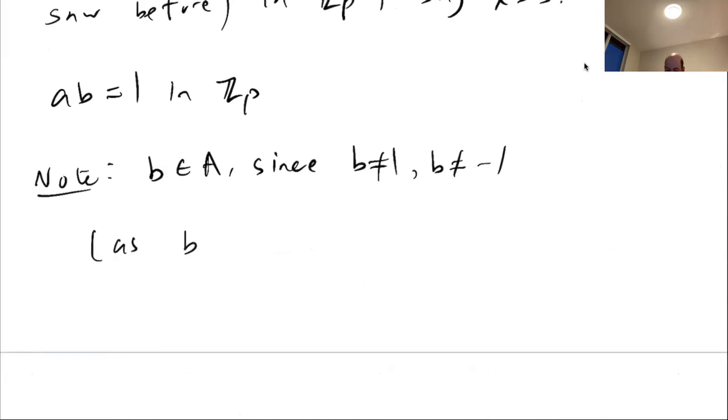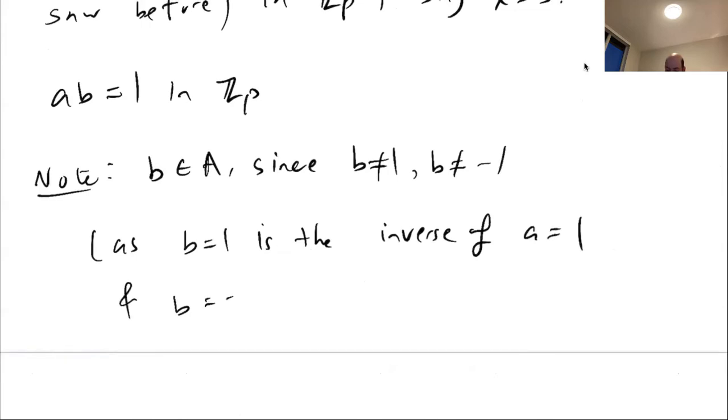B equals 1 is the inverse of A equals 1, and B equals minus 1 is the inverse of A equals minus 1, which are not in A. One number cannot be the inverse of two different numbers.